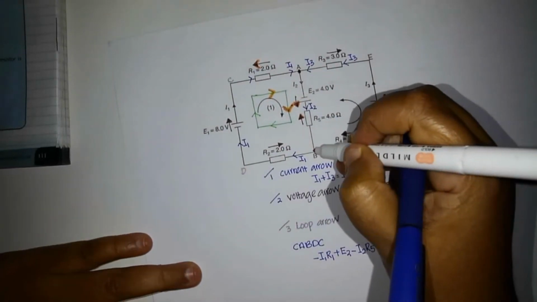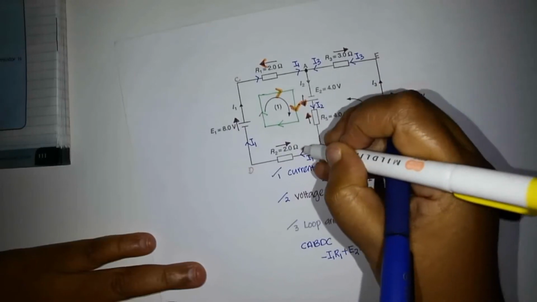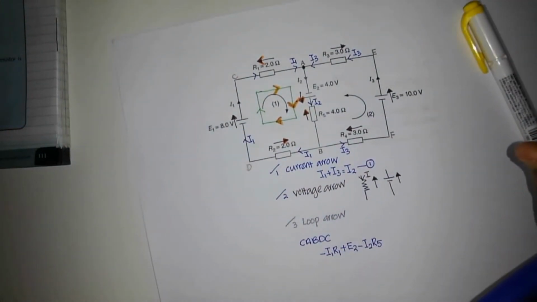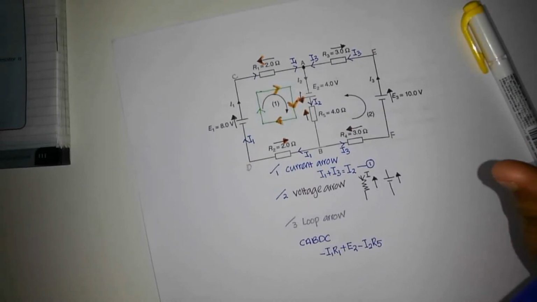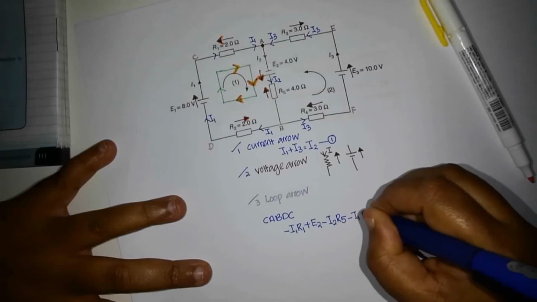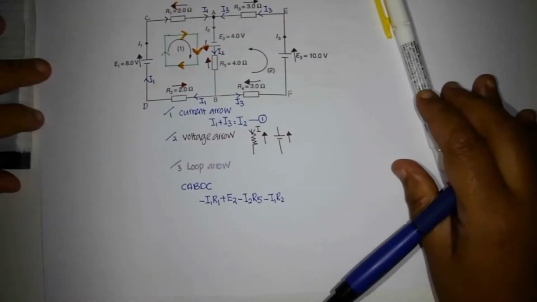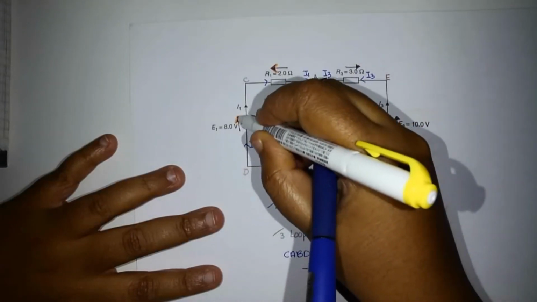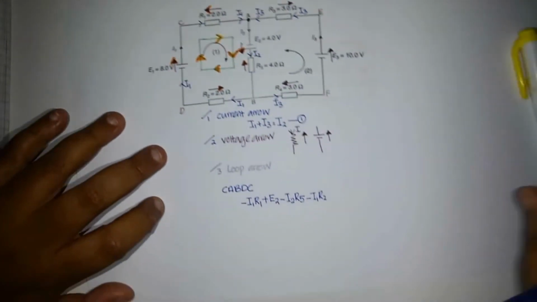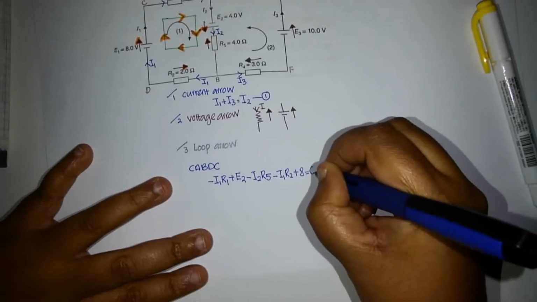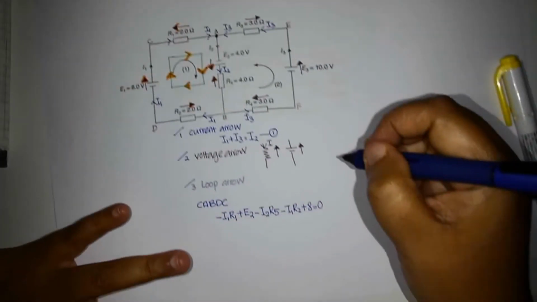Then the voltage arrow is opposite to the loop arrow, so minus I1 R2. Then direction is the same, so plus E3, equals 0, since it goes back to C.